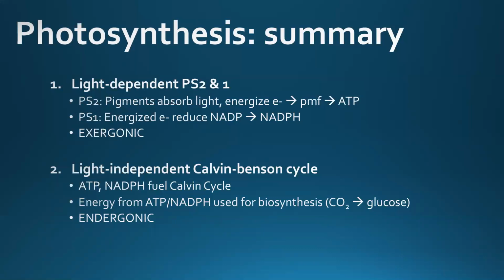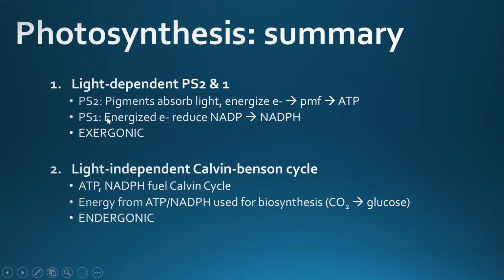Stage 1, you have the light-dependent photosystem 2 and photosystem 1. That's what PS stands for, photosystem 2 and photosystem 1. Photosystem 2 pigments are going to absorb the light. They're going to energize the electron that will result in the proton motive force, which will then create ATP.